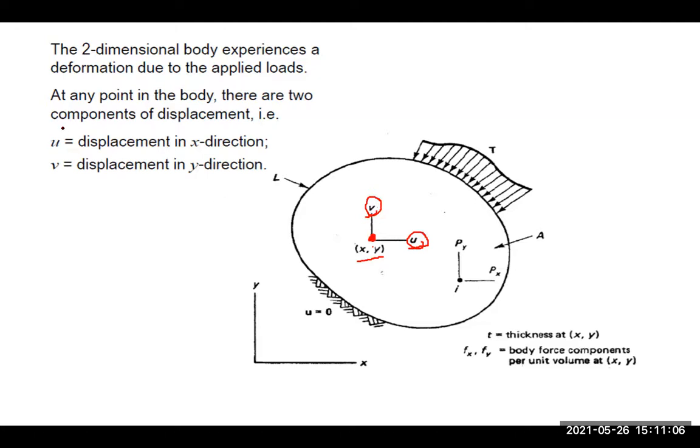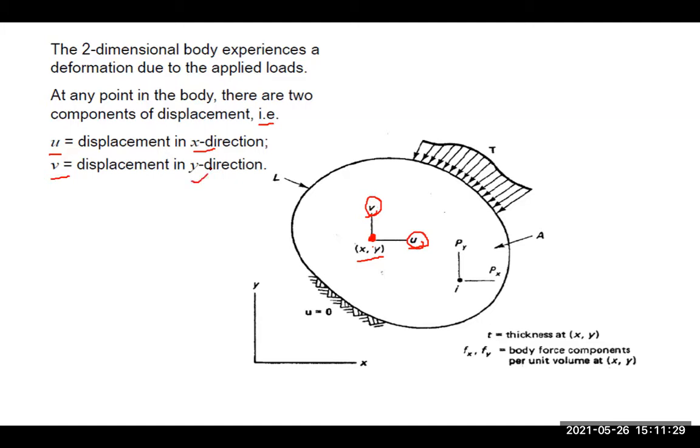So a two-dimensional body experiences a deformation due to the applied loads. At any point in the body there are two components of displacement: in the x direction, the displacement called u, and in the y direction, the displacement v.